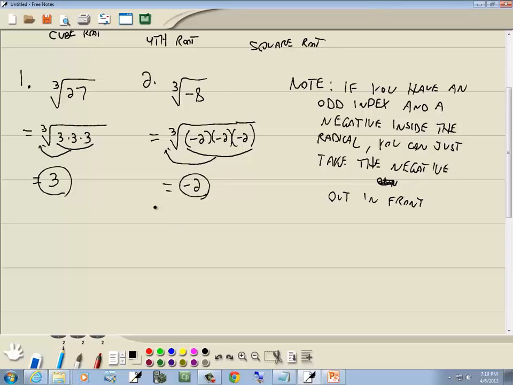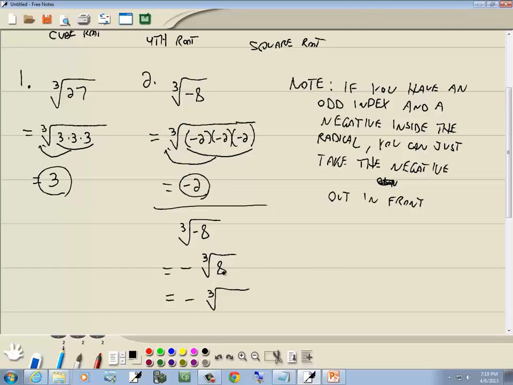So for that example there, I started out with the cube root of negative 8. This says if you have an odd index, which we do, 3, and a negative inside the radical, we do, it's right here, you can just take the negative out in front. So just to begin with, we can just immediately put the negative out in front and not worry about it. That makes it a lot easier in problems. You don't even have to worry about that. Then we work it the same way.